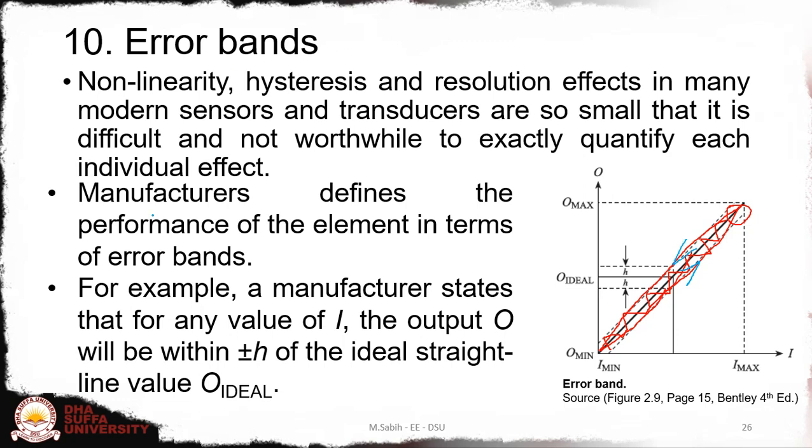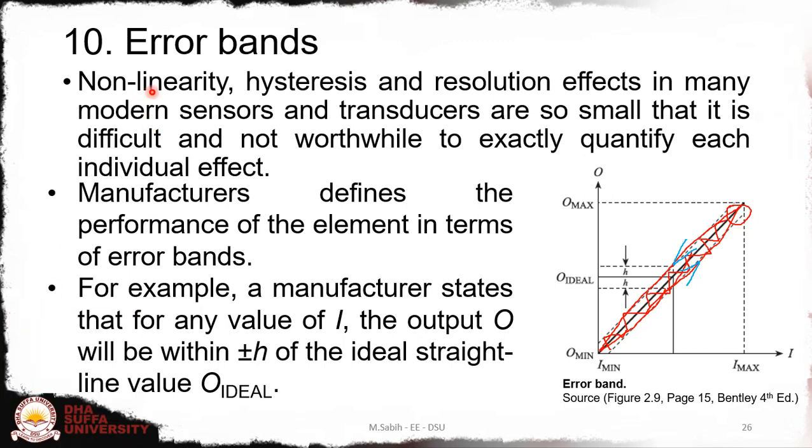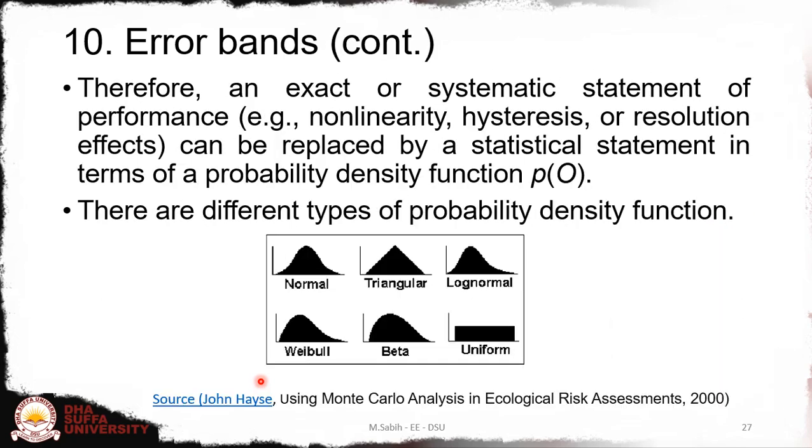So it is difficult to define nonlinearity, hysteresis or resolution effects, but they are here. The manufacturers can use an error band, and for example they can just tell us that whatever the value is, expect that it may have a plus or minus h variation from the straight line, and this variation is okay.